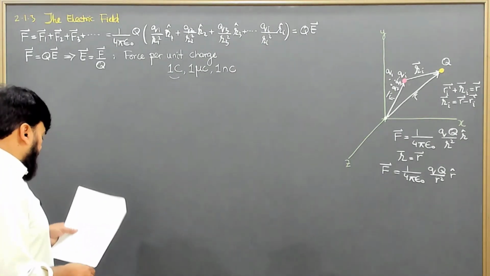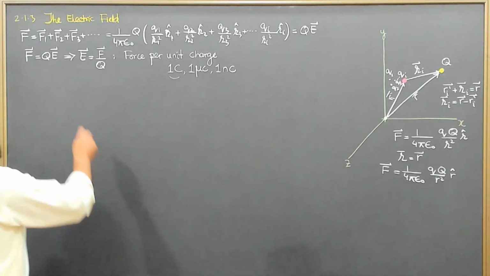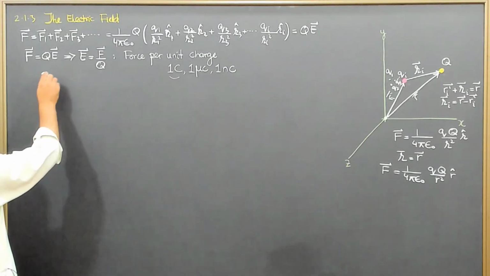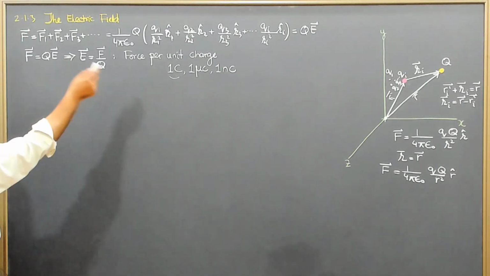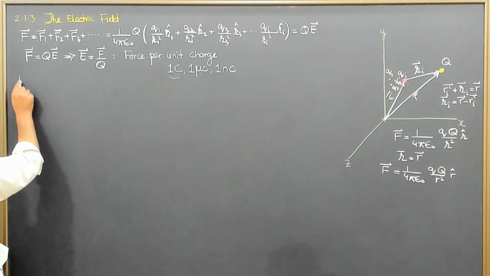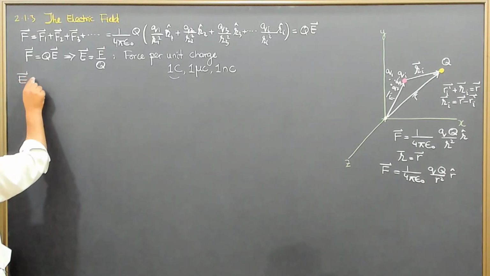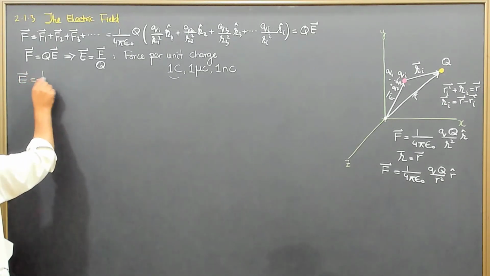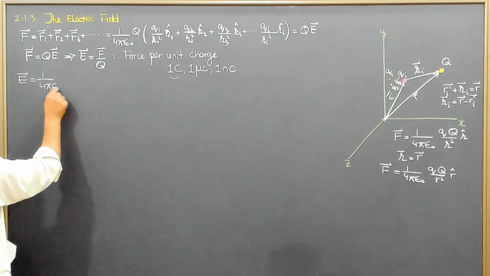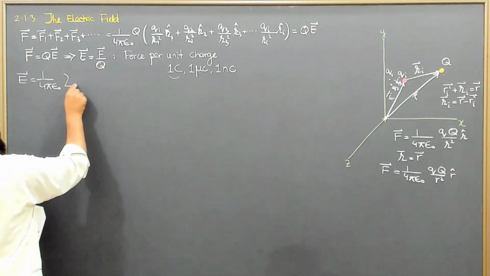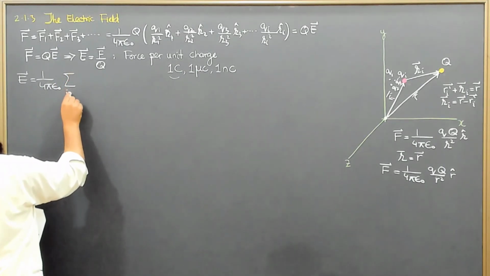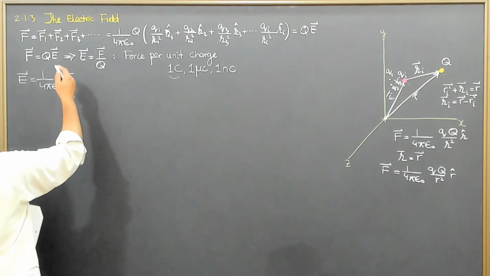And I can further write the electric field from that expression as 1 over 4 pi epsilon naught times the summation over charges, where i runs from 1 up to any number.